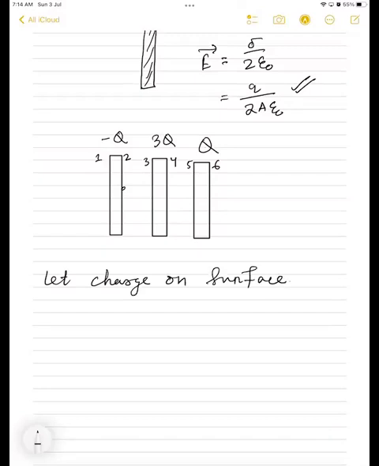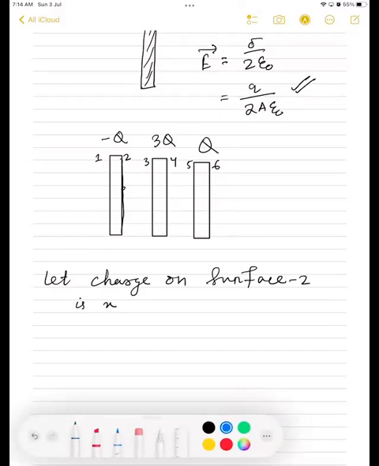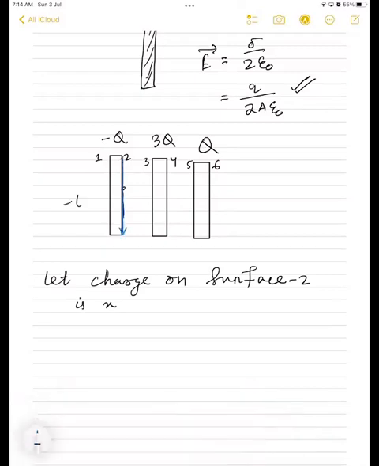Surface 2, are you able to see which one? This plate, right? The blue one, this is surface 2. On this side, let the charge be X. Getting or not, students? So how much charge will be on this side? If I've given minus Q, then on this side there is a charge of X, so this is minus Q minus X. Yes or no?